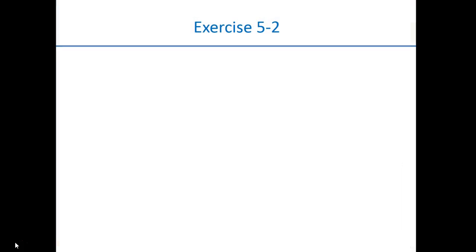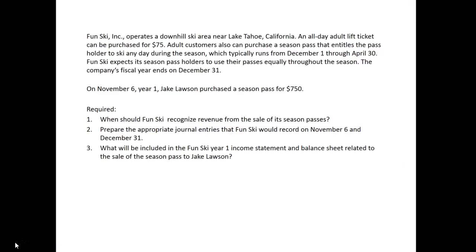Let's look at exercise 5.2. Fun Ski Inc. operates a downhill ski area near Lake Tahoe. An all-day adult lift ticket can be purchased for $75. Adult customers also can purchase a season pass that entitles the pass holder to ski any day during the season, which runs from December 1st through April 30th.